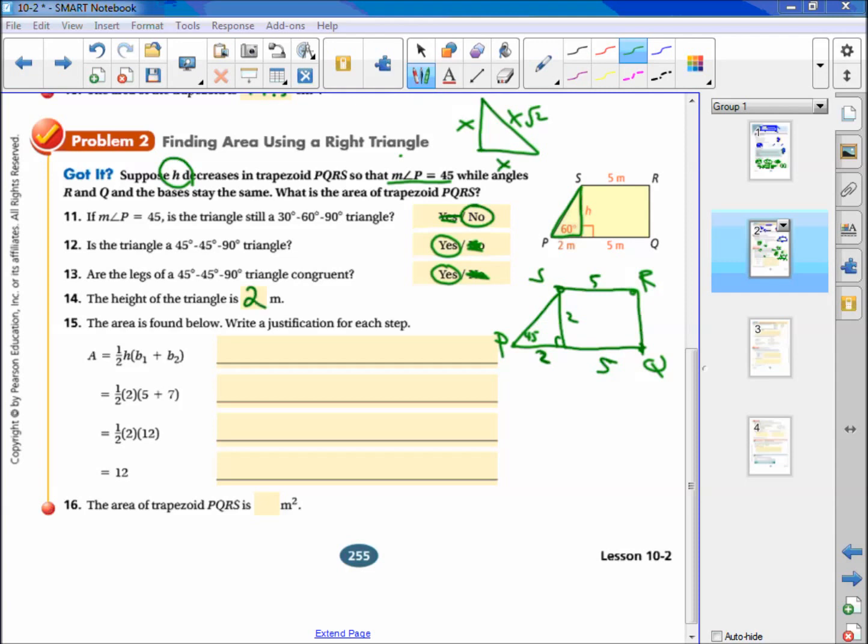Okay? All right, so we have to find the area now. So our first step is to write down the formula. Okay, so our justification for this is the trapezoid area formula. Okay, and then we're going to plug in the parts we know. So we are going to do substitution here.